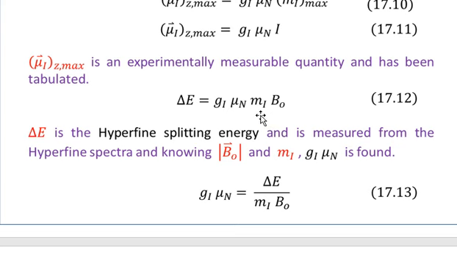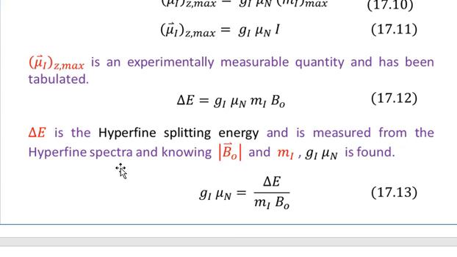But if you are considering two consecutive levels, then the value of delta Mi will be equal to 1. So delta E is actually the hyperfine splitting energy. Here, for the first time, I am going to define the formula for the hyperfine splitting energy delta E, which is measured from the hyperfine spectra.